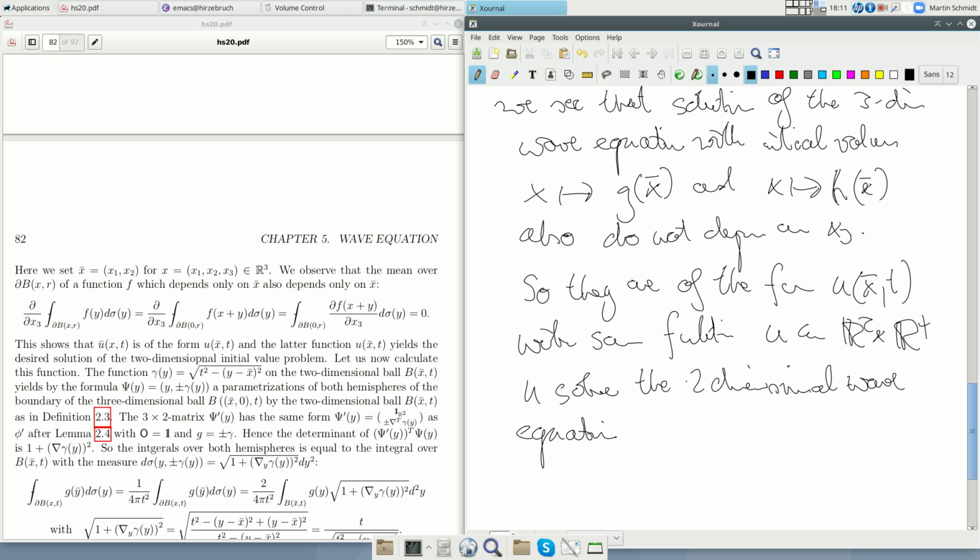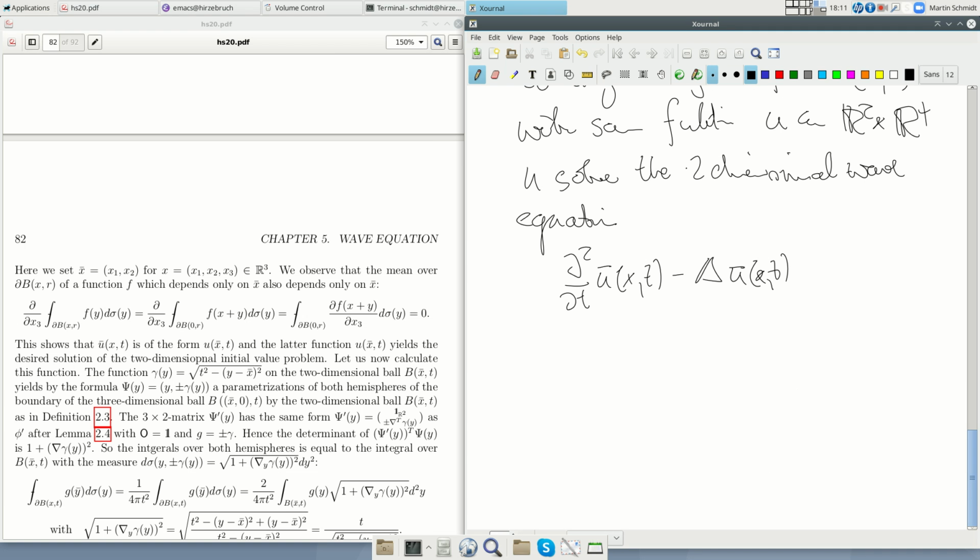Why? Since this function is the solution u bar, if we calculate dtt of u bar of x,t minus the Laplacian of u bar of x,t, since this doesn't depend on the third coordinate, we can write this as dtt of u of x bar,t minus only the second derivatives in the first two coordinates, since the derivative with respect to x3 is 0.